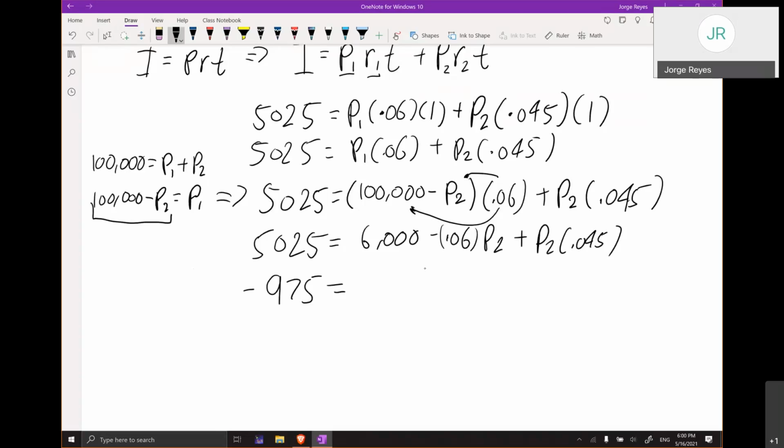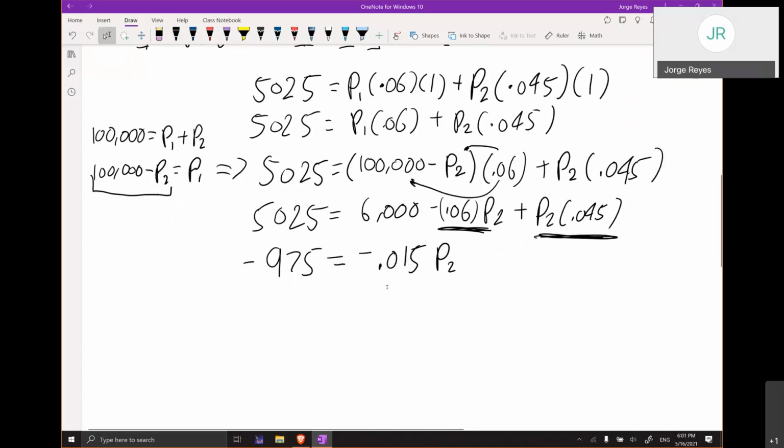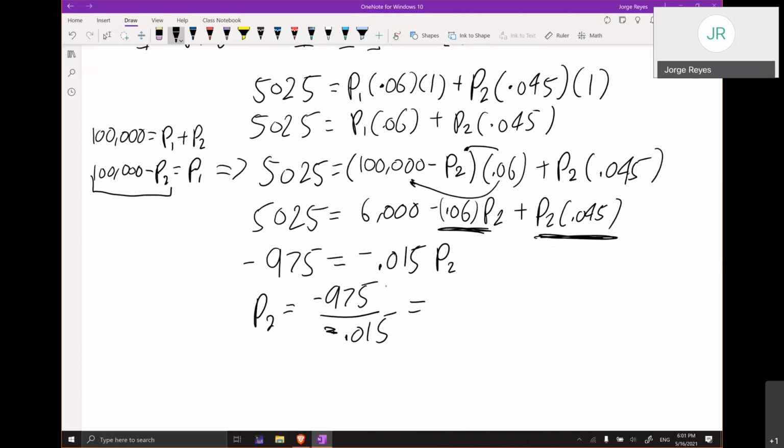And then I'm going to combine these like terms, and we're going to get negative 0.015 P2, all right? And then we divide it over and we're done, sort of. So P2 equals negative 975 divided by negative 0.015, okay? You punch this into a calculator, and we get the answer of $65,000.